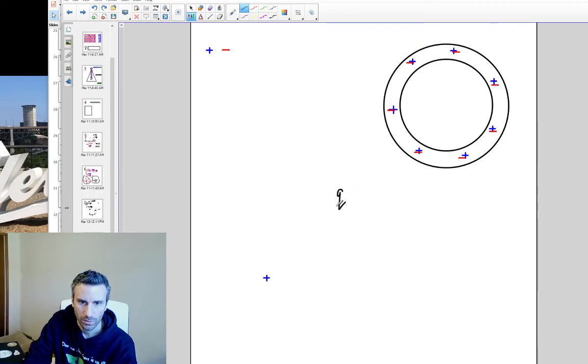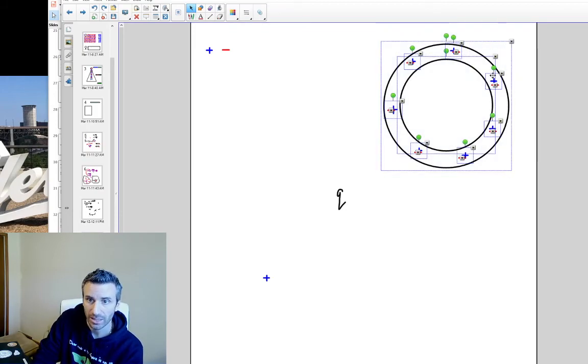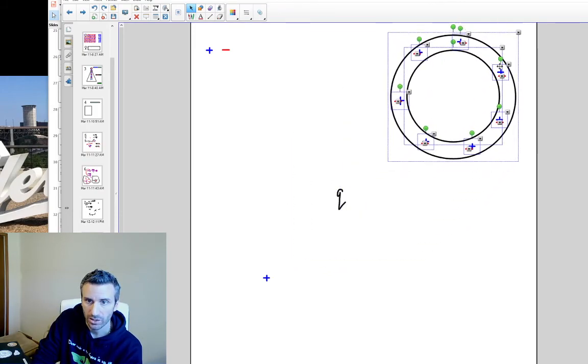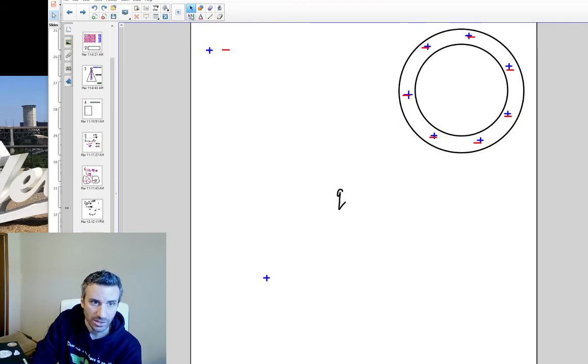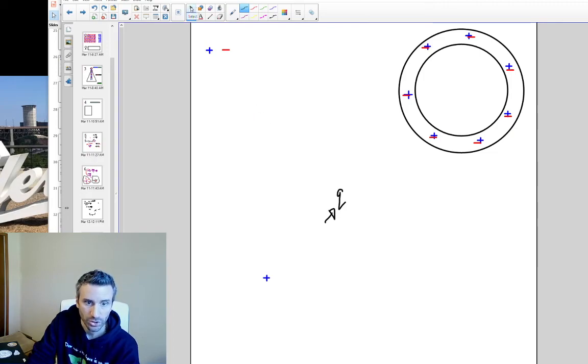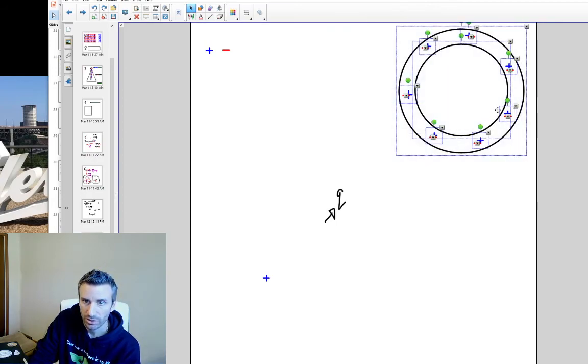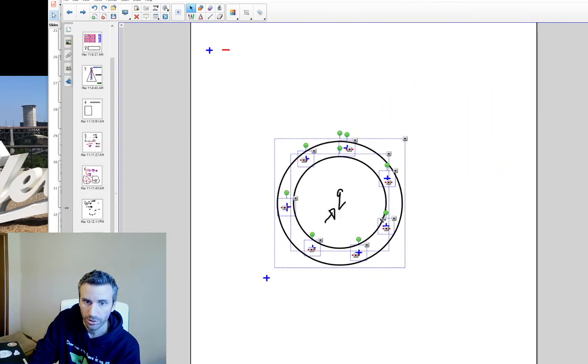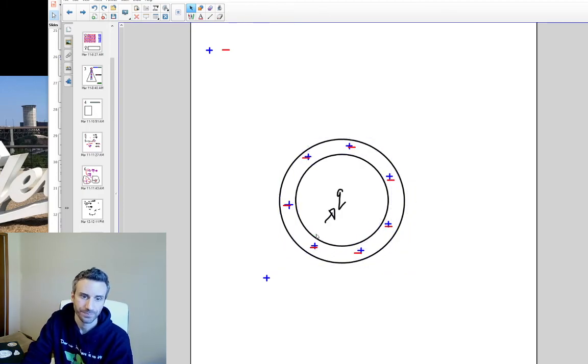Now, before I had the test charge outside of the sphere, but what if now I put the test charge inside of the sphere, right? You know that before I do it, the test charge is experiencing some amount of electric field due to this charge. When I take this hollow metal sphere and I put it around the test charge, what would happen?